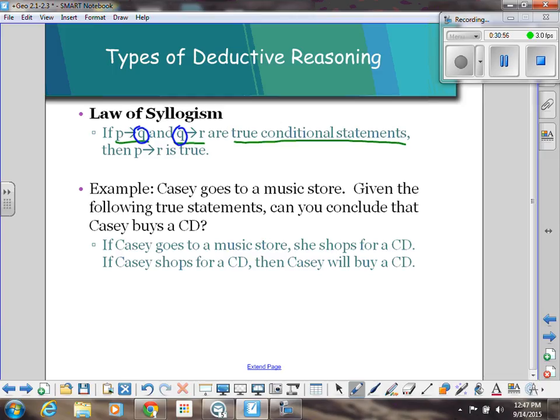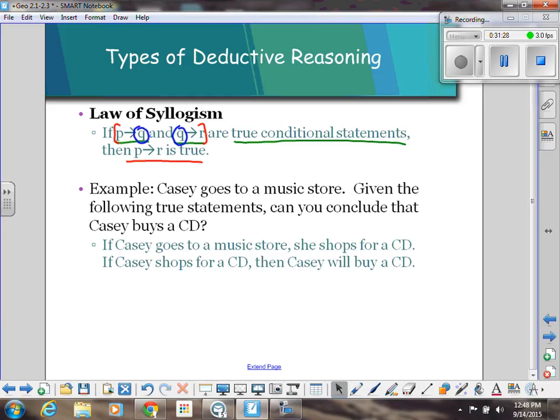The Q is repeated. That's important. So if I know that, then I can write this conditional statement, and it's true: if P, then R. So it's like I take the bookends. The middle is the same, and I can take the bookends and make that into a true conditional statement.